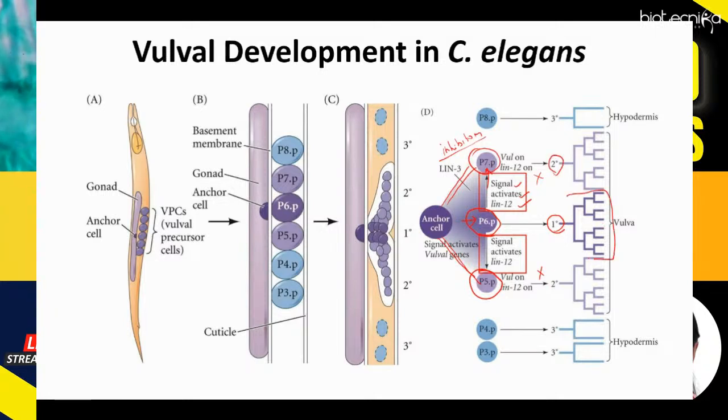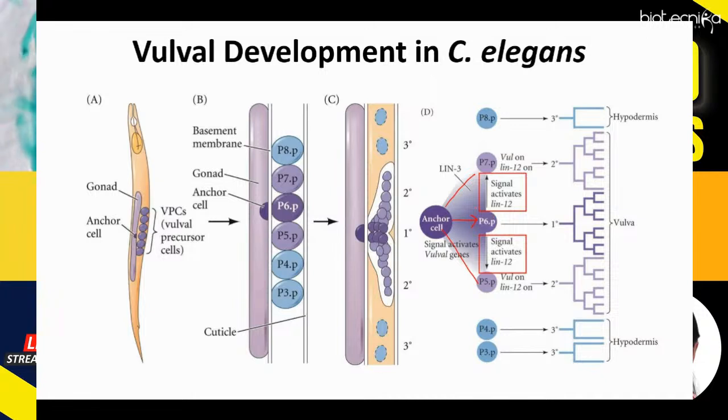So there are some differences in the structure between the cells which form primary and the ones which form secondary. You can see it yourself. Okay, the structural difference is there. So initially, this entire signaling is one inducing signal from the anchor cell to P6P, then an inhibitory lateral signal. Lateral means towards the side. This is an example of sequential induction as well.